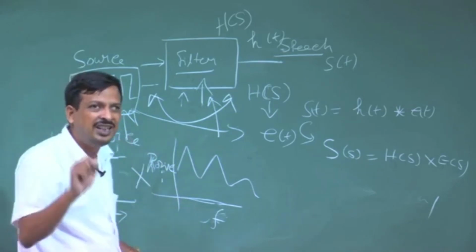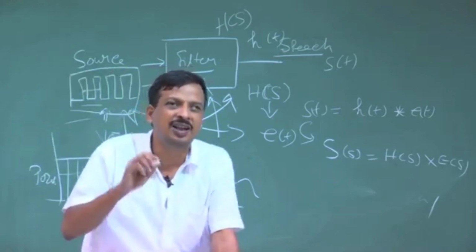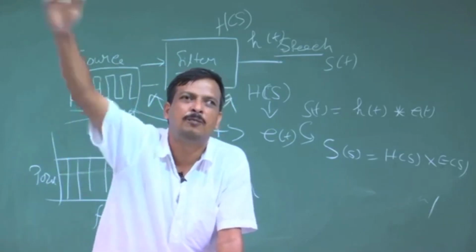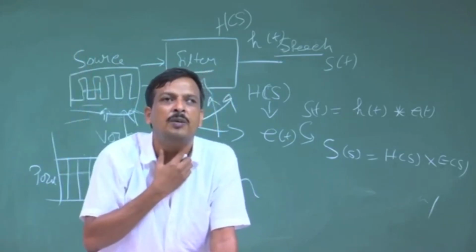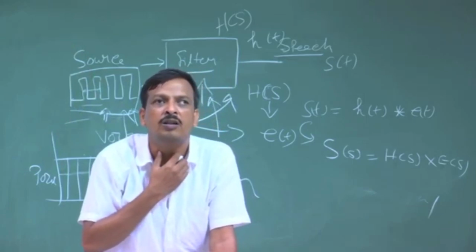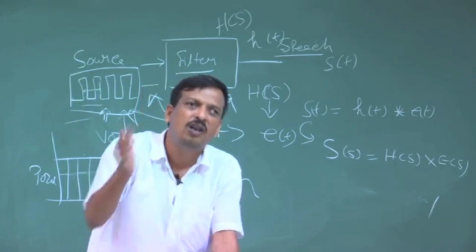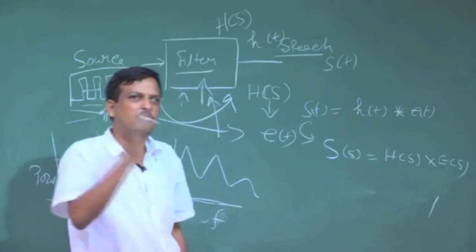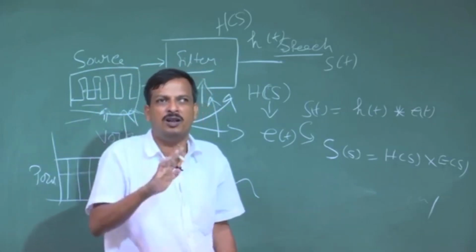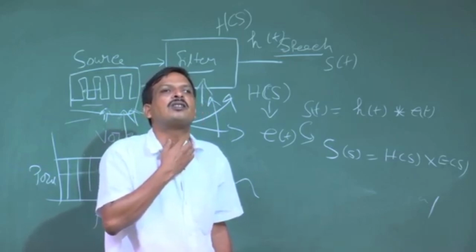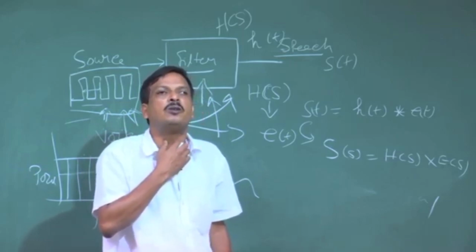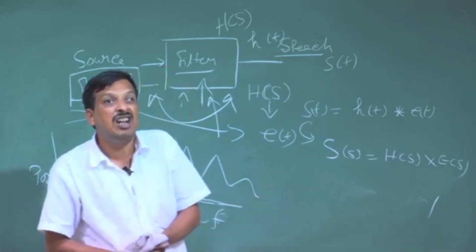In singing, when you sing sa, re, ga, ma, pa, dha, you are actually controlling the fundamental frequency of the vocal cords. I will talk about this in the prosody modeling part, and give a detailed mathematical explanation of how the fundamental frequency of the vocal cords can be changed.